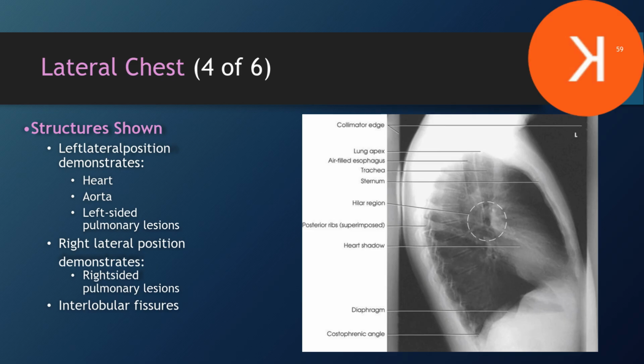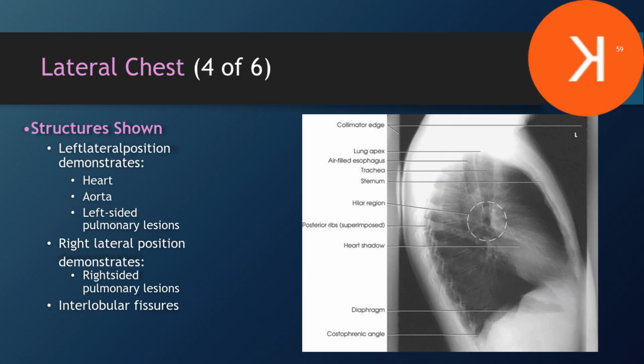Okay, what structures are shown on a lateral chest x-ray? Left lateral position demonstrates the heart, aorta, and the left-sided pulmonary lesions, and the right lateral position demonstrates the right-sided pulmonary lesions. It also shows the interlobular fissure. In the picture, you can see the collimated edges for the left lateral projection of the chest.